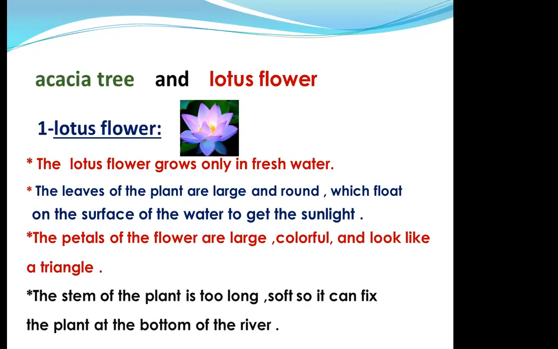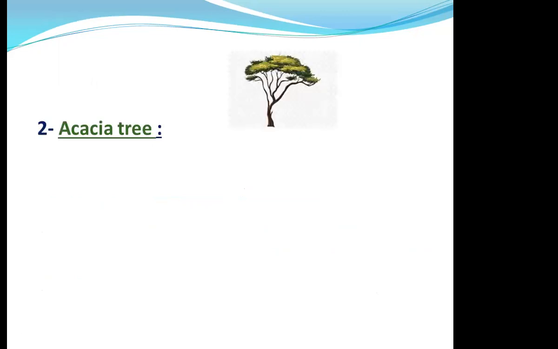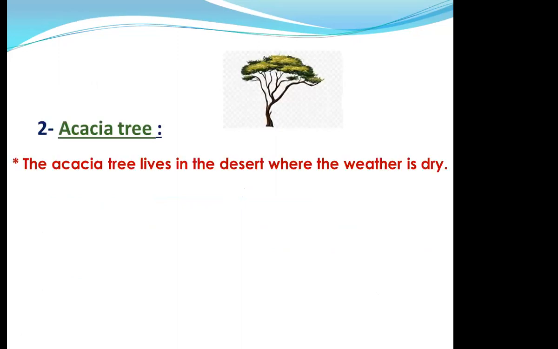And talk about the acacia tree. This is the picture of the acacia tree. The acacia tree lives in the desert, grows in the desert, where the weather is dry.